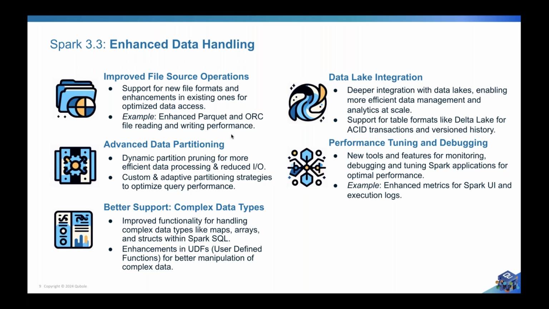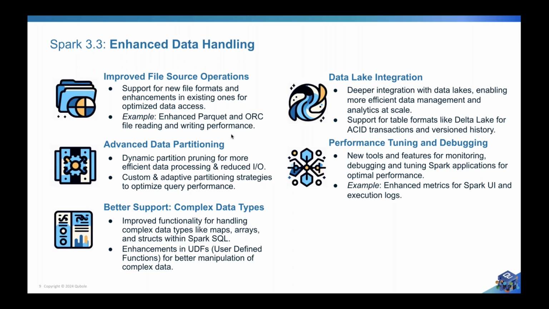Complex data types: earlier in Parquet, complex data types like maps, arrays, and structs were not that efficient. Now it has improved. Enhanced UDF. Now in UDF also you can do better manipulation of the complex types, because there are a lot of user-defined functions, a lot of functions which are added now in the latest one.